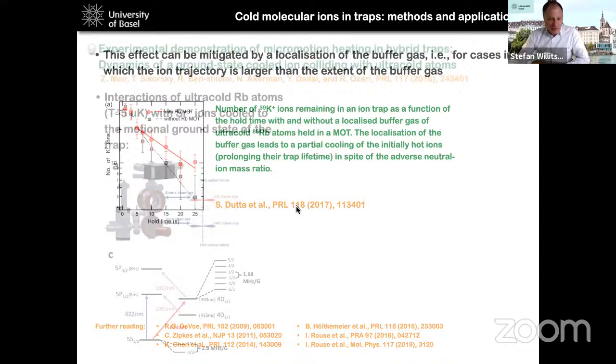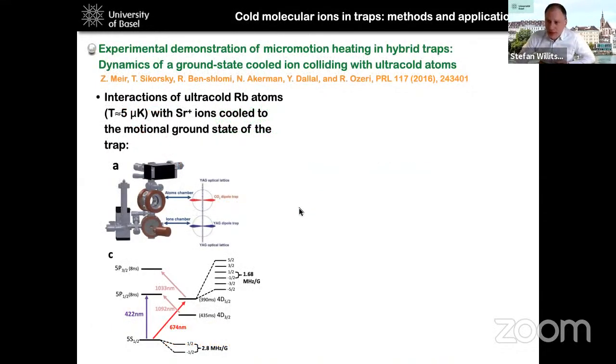Okay, so that has become a big topic in recent years in the field. And one experiment to first explore these kinds of phenomena in the ultracold regime is this seminal work from Roy Ozeri's group, which was the first hybrid trap experiment where they managed to combine ground state cooled ions, so ions which have been cooled down to the motional ground state of the ion trap, with ultracold atoms.